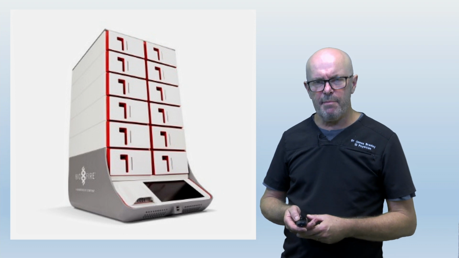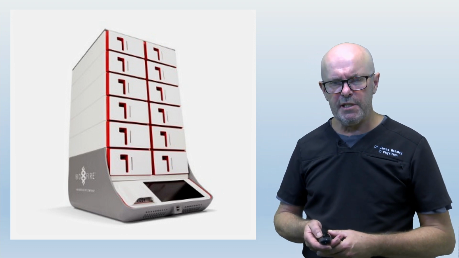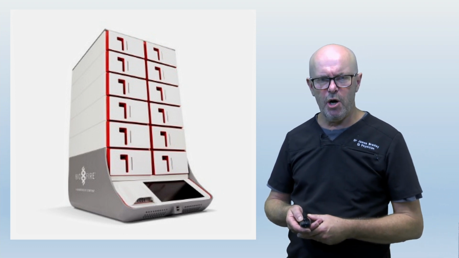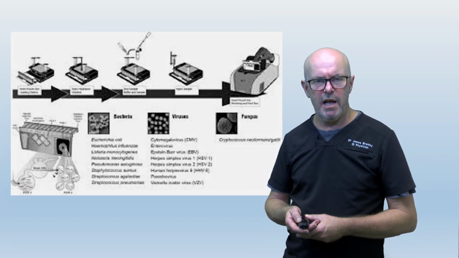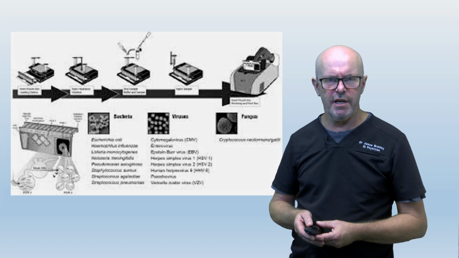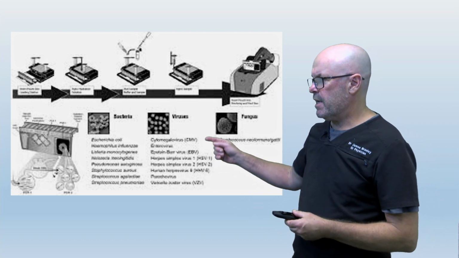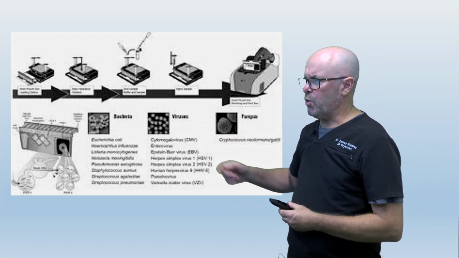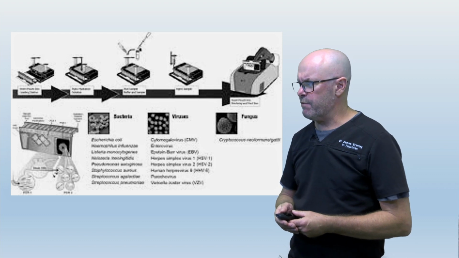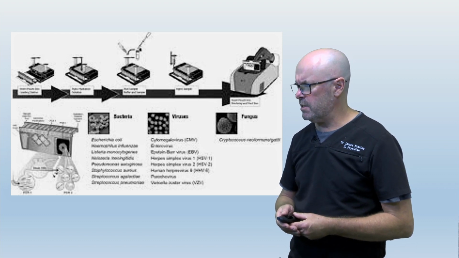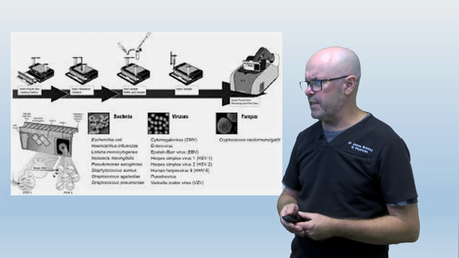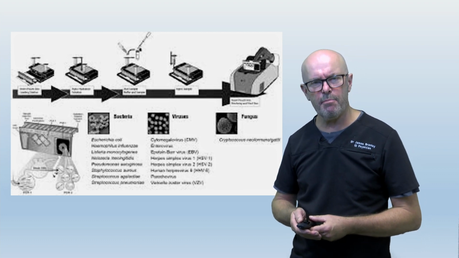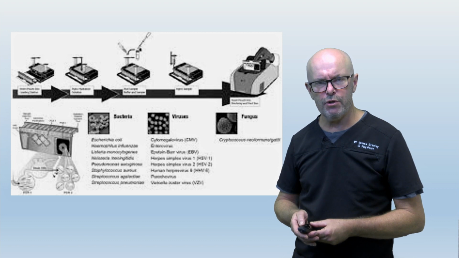So this is an example of a multiplex PCR. This is the bioMérieux BioFire panels, and these are also done rapidly and quite simply. So a lot of the process of the PCR is internalized. The specimen is added, and then automatic extraction, amplification and product detection occurs.